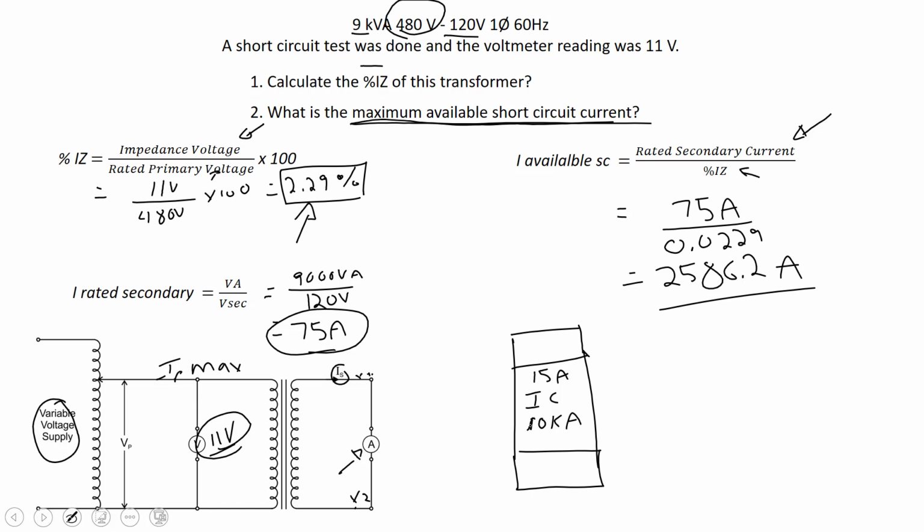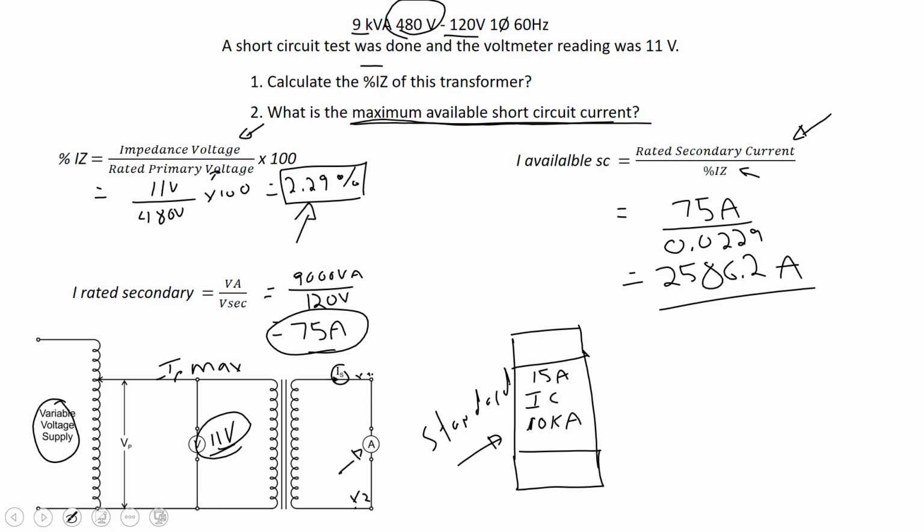So the manufacturer says it can safely interrupt 10 kA, the IC rating. In our case, our transformer can only put out 2,586 amps, so a normal standard fuse is fine. We could put that on there.